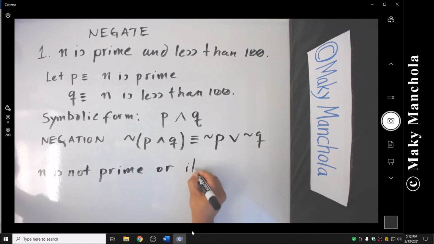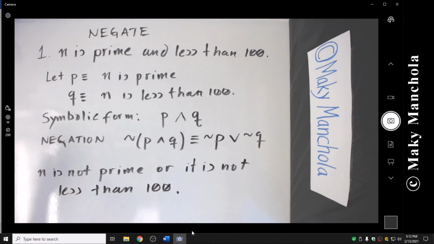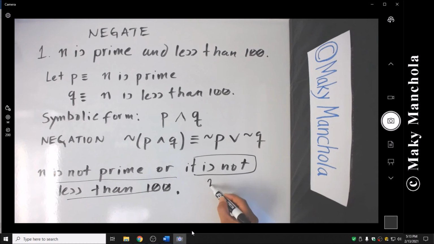If you wanted to use mathematical symbols, it would be acceptable to write n is not less than 100, or you could also write that as n is greater than or equal to 100. So there could be a variety of ways of expressing that same idea.